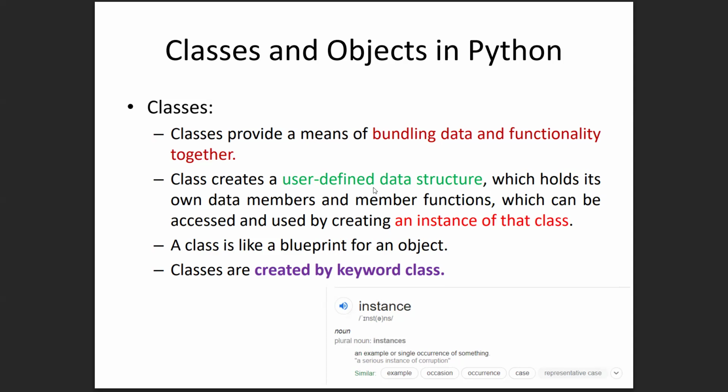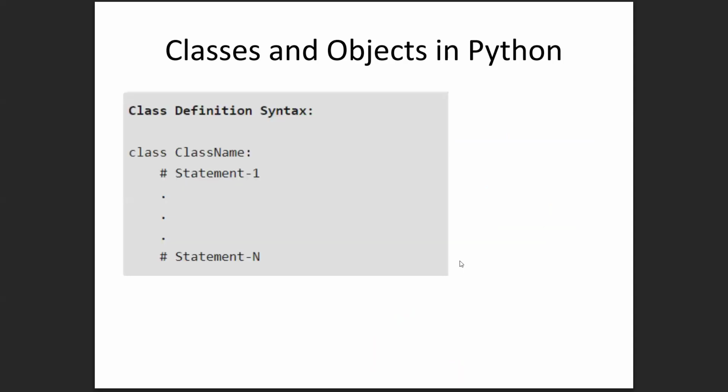Now we will see how to create a class and the syntax of the class. First write the keyword class, and after that give the class name, starting with a capital letter, whatever name you want to give it.